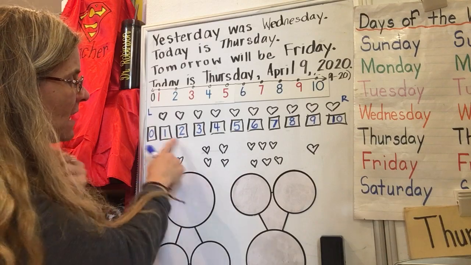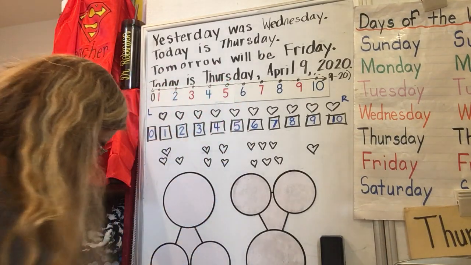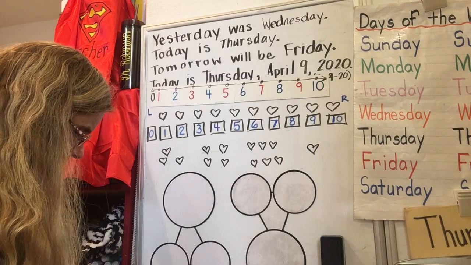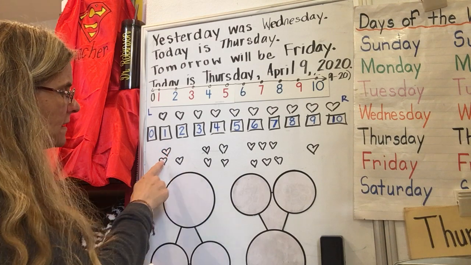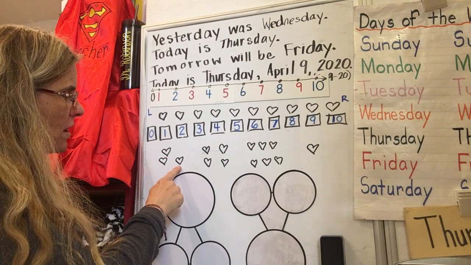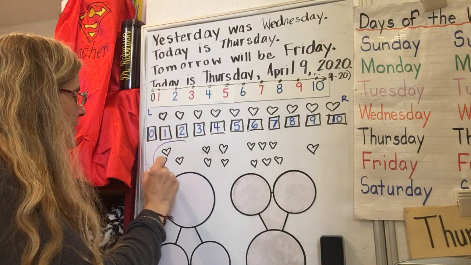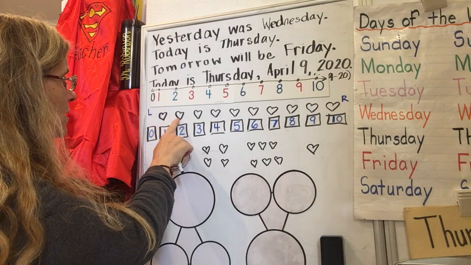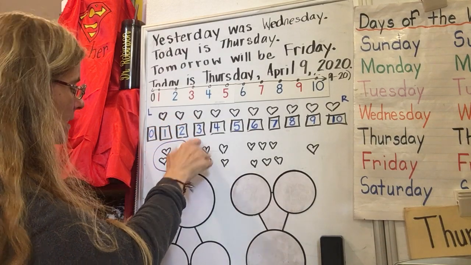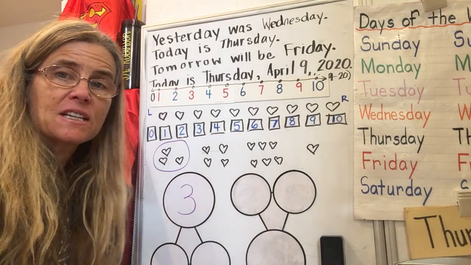So I look at my first scattered configuration because it just kind of dropped onto the board. And what I see is 1, 2, 3. So all together, there are 3. 1, 2, 3. Go right around the tree, right around the tree. That makes 3.